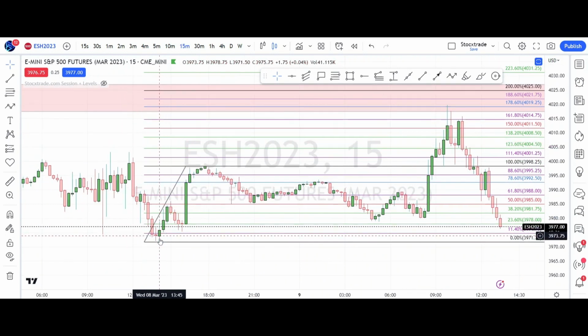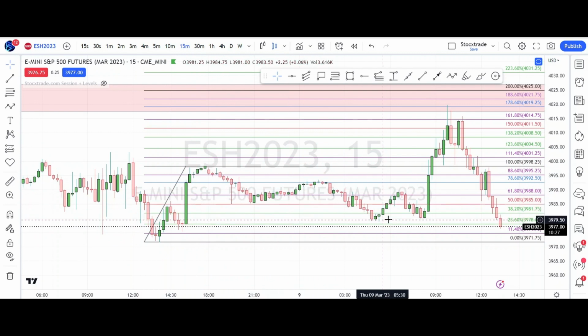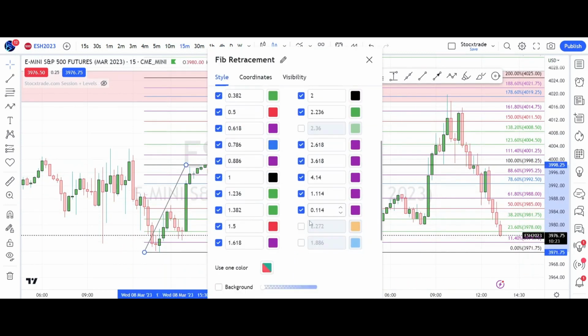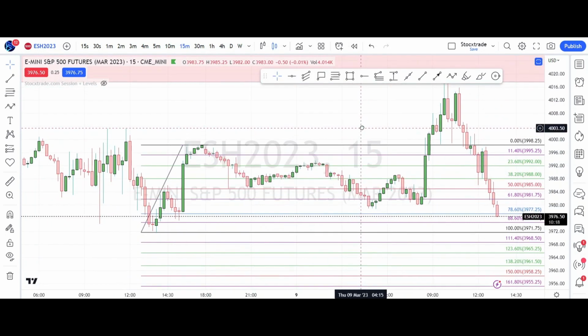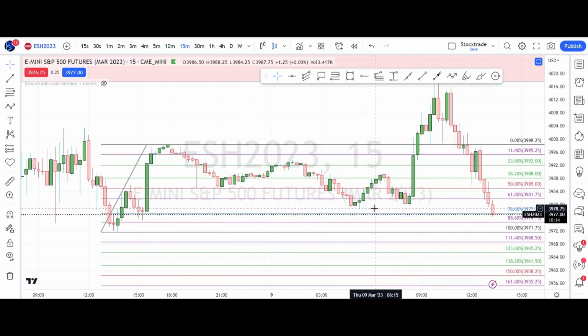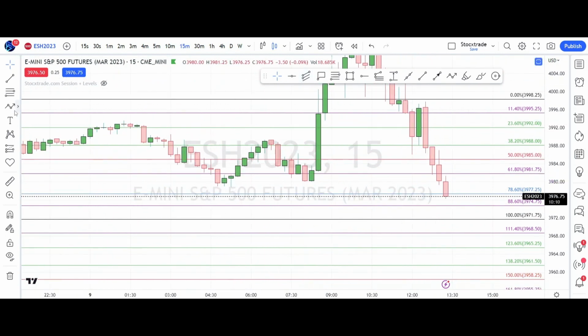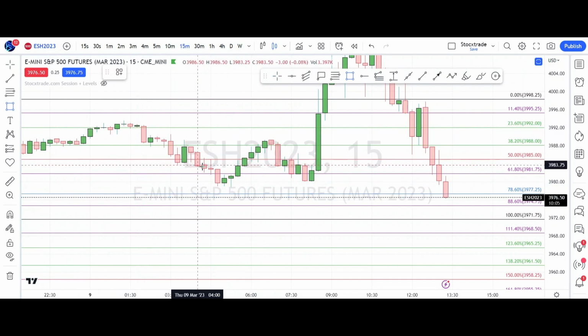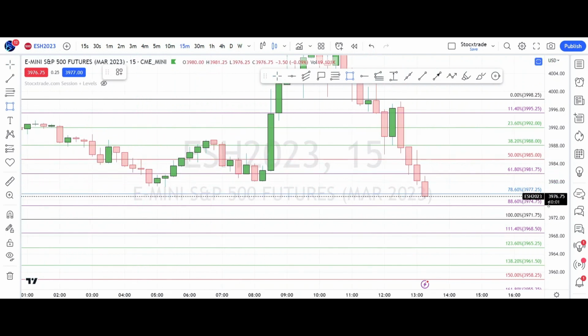You can see that there was an impulsive move, the price retraced back to around 61.8%, and from 61.8 to 78.6%, you need to have some support. You can see here that there is a point of interest in this area, because in this bearish move the lowest candle is not the red one.